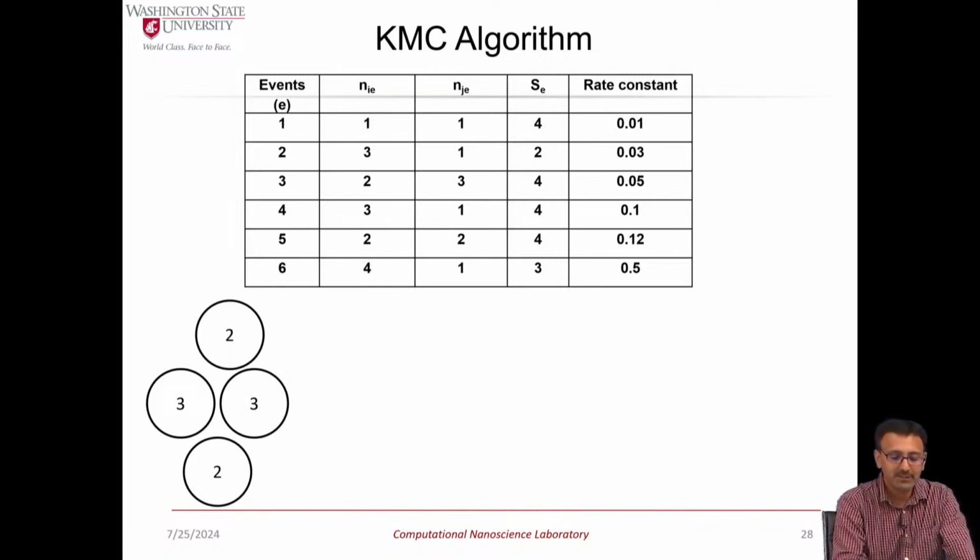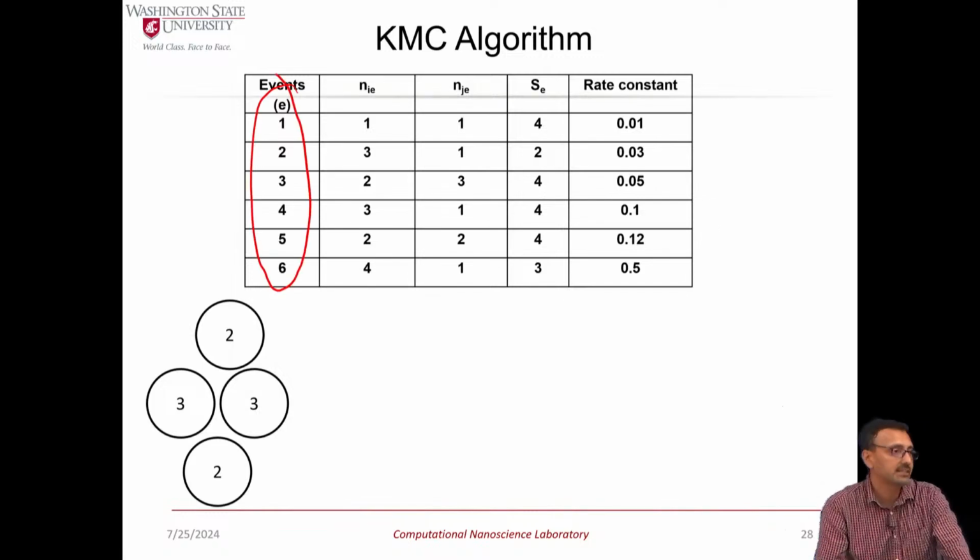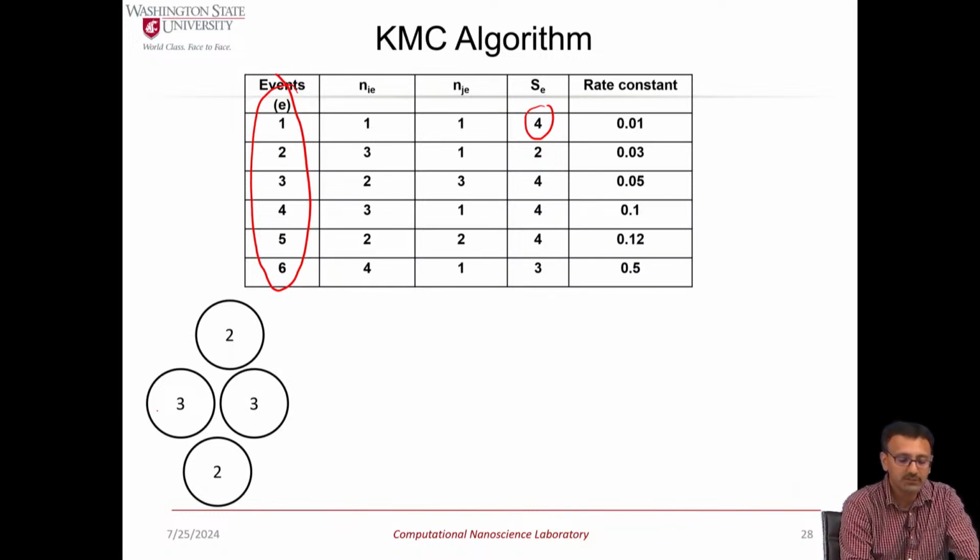So, you have a quatromer, or a collection of 4 particles, and each particle has a descriptor of number of nearest neighbors. And here you have a list of events that can happen, right? These events are just numbered sequentially 1 through 6 in this example. In the first event, you have a cluster of size 4 that attaches to one of the fullerenes here.